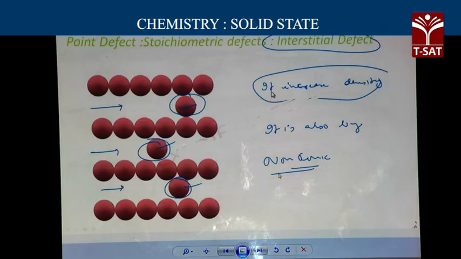This kind of point defect is known as interstitial defect. Due to interstitial defect, what happens to the density of the crystal? Density of the crystal will increase because more number of atoms per unit volume. It is also shown by non-ionic crystals. Let us move on.